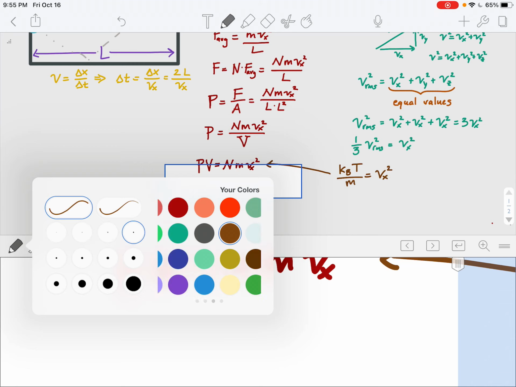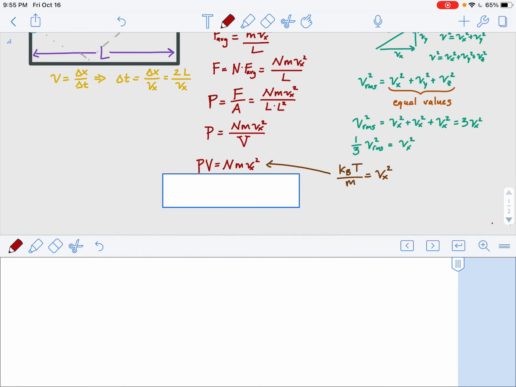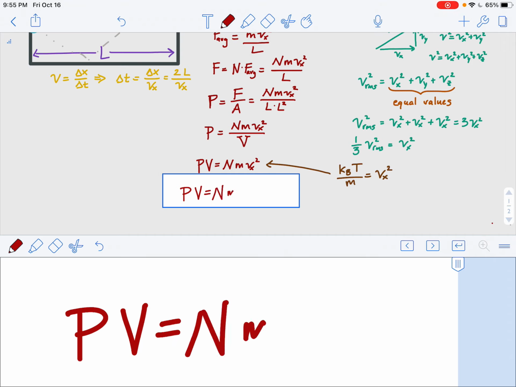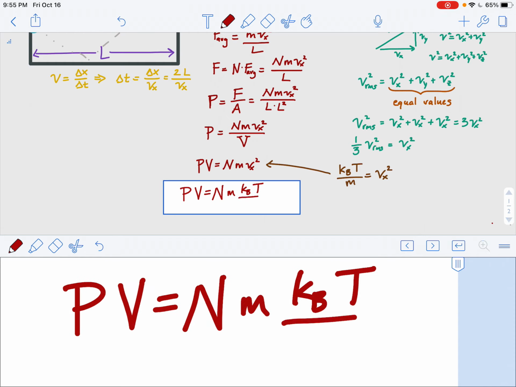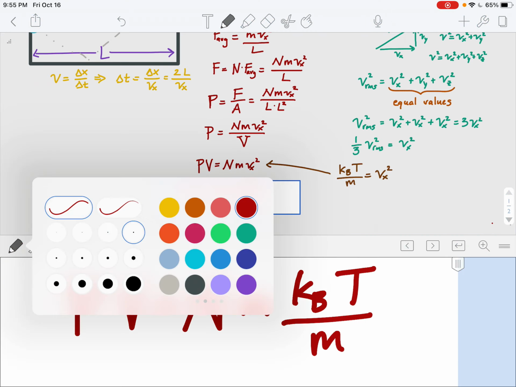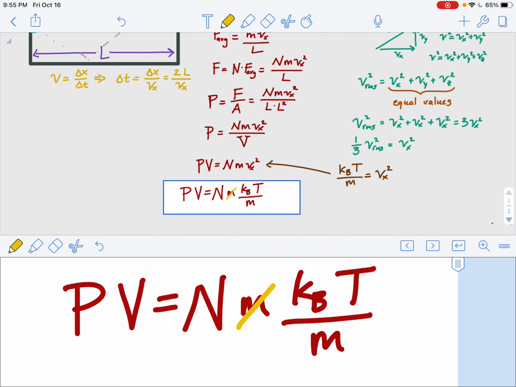So I am then left, we'll go back to my nice dark red, with pressure multiplied by volume is equal to n, the number of particles, multiplied by m, multiplied by Boltzmann constant times temperature over mass. My masses cancel.